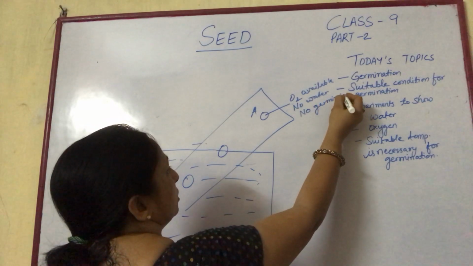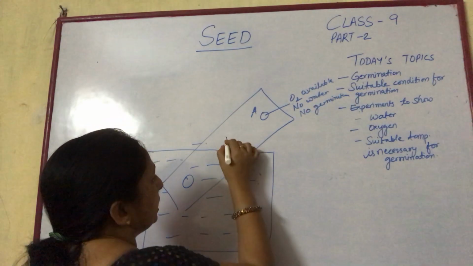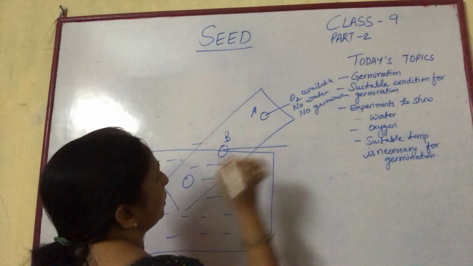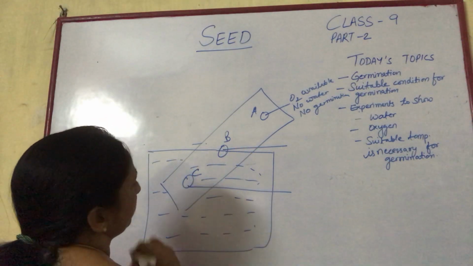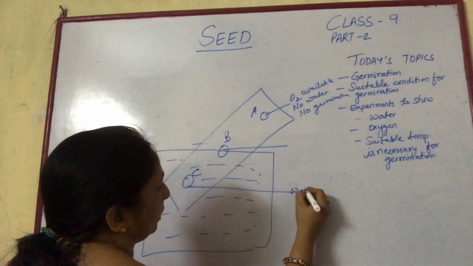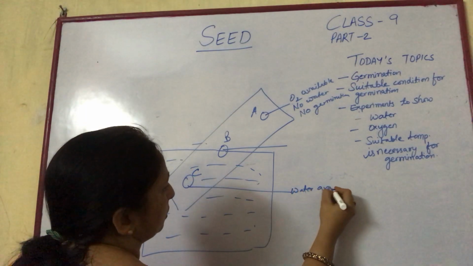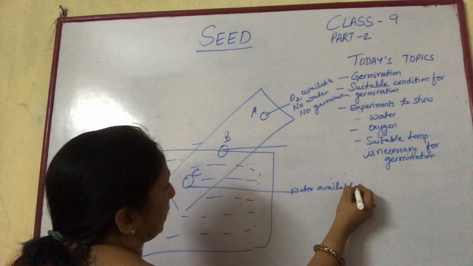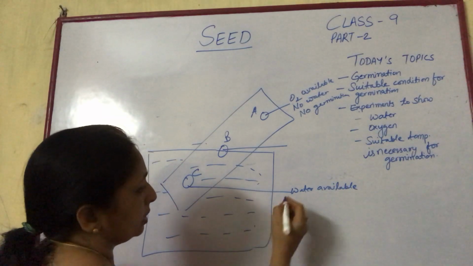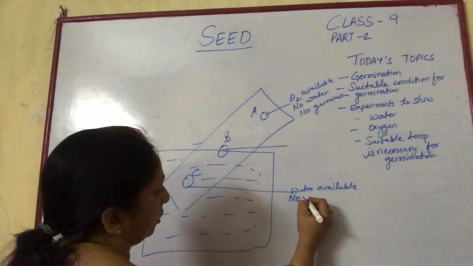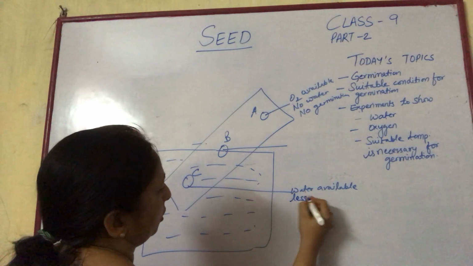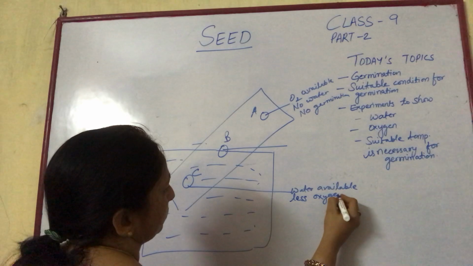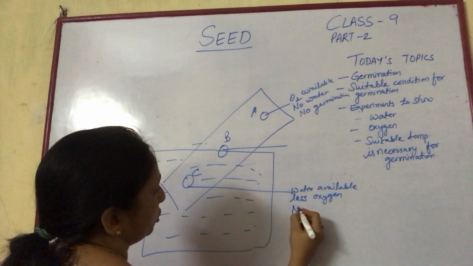No water means no germination. For seed B I will write later on. Seed C: water is available, but since it is completely immersed, there is no oxygen, or less oxygen, we can write less oxygen, so no germination.